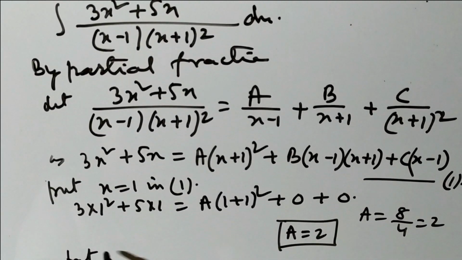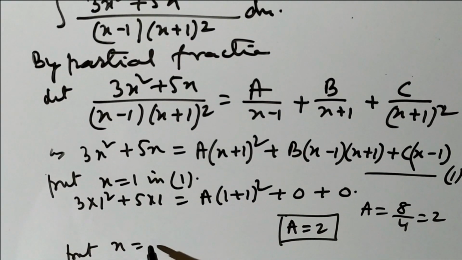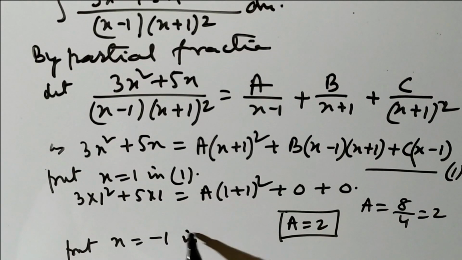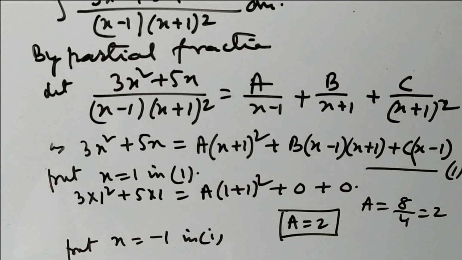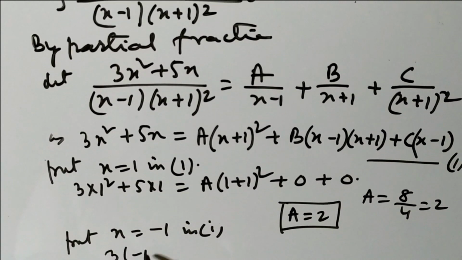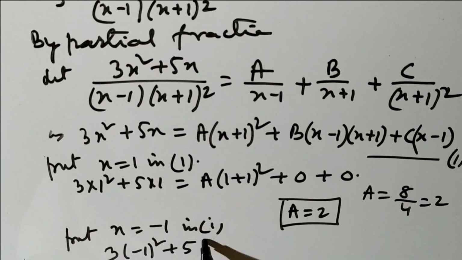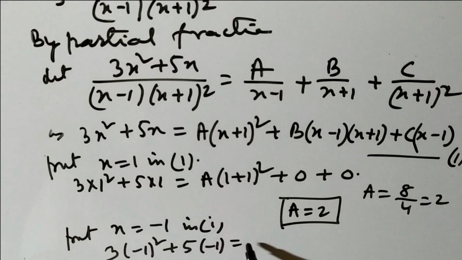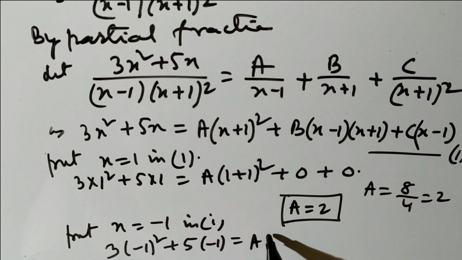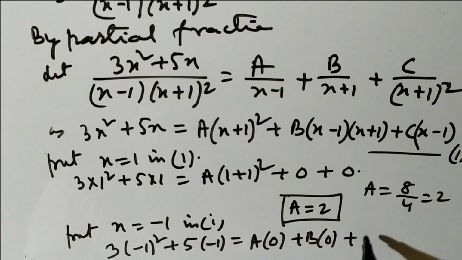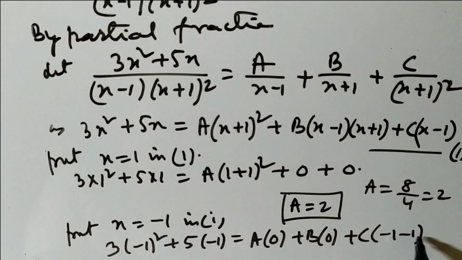Again, put x equal to -1 in 1. This equals 3(-1)²+5(-1), A times 0, B times 0, C(-1-1).